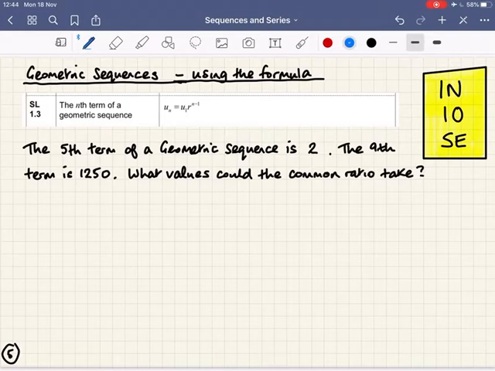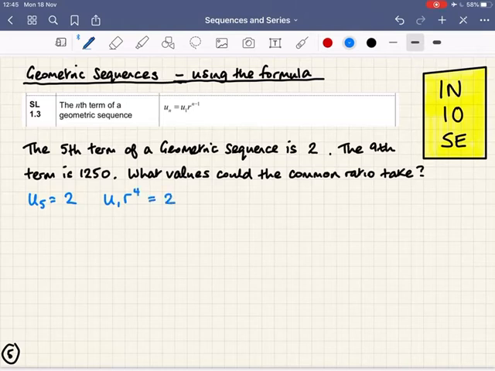But in this first question, we're told the fifth term of a geometric sequence is 2, and we're told that the ninth term is 1250, and we're being asked to find what values could the common ratio take. So as always, write down what you know. We know that u5 is equal to 2, and we know that to get that we multiplied u1 by r to the power of 4.